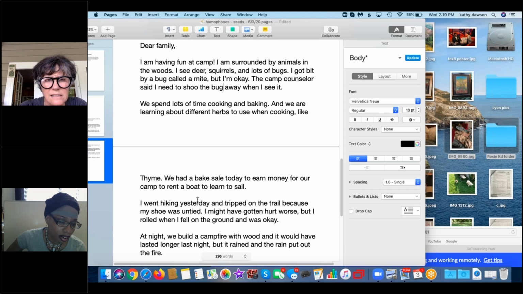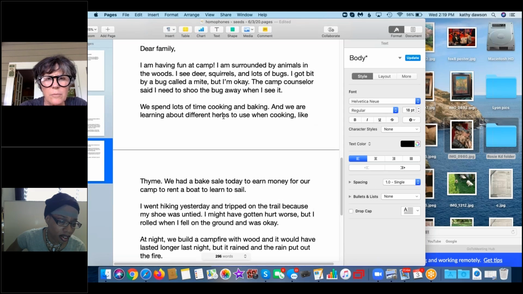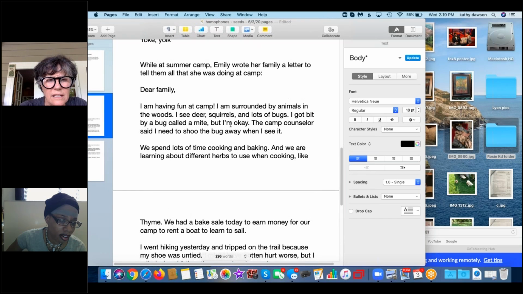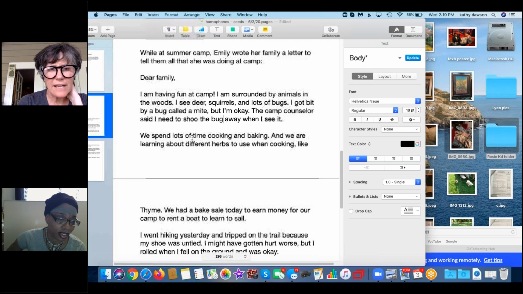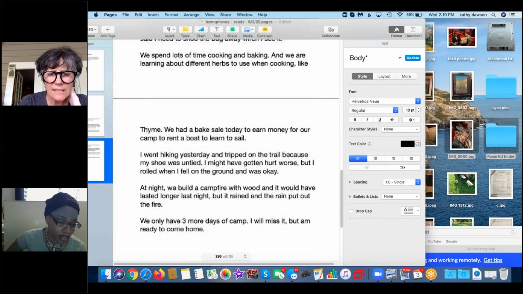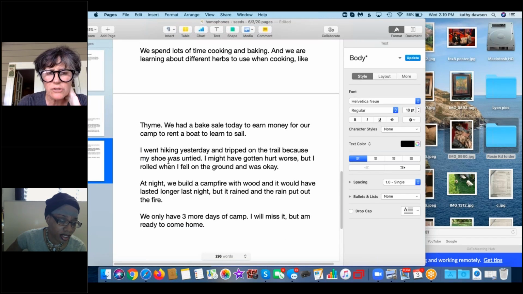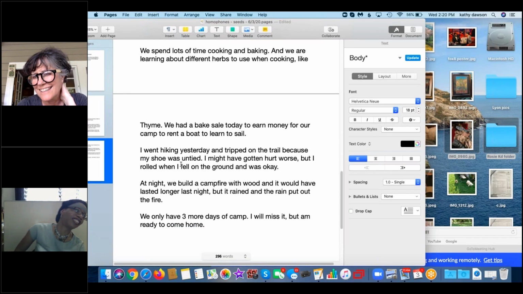So that sentence matches a homophone in the sentence up here. I honestly don't see it. That's okay. The camp counselor said I need to shoo the bug away. And down here, I went hiking yesterday and tripped on the trail because my shoe was untied.